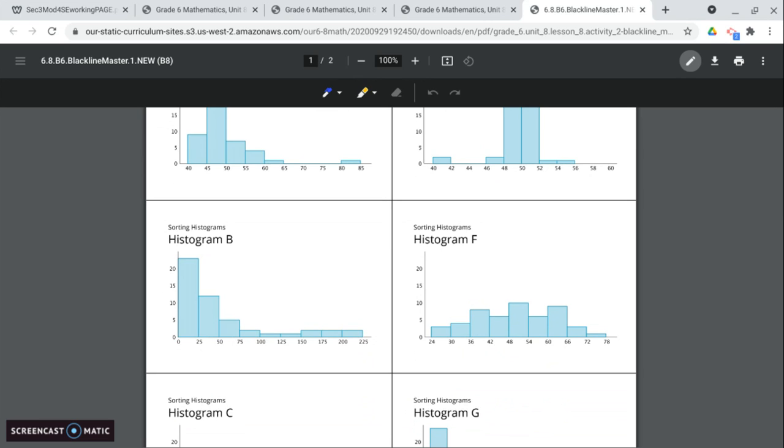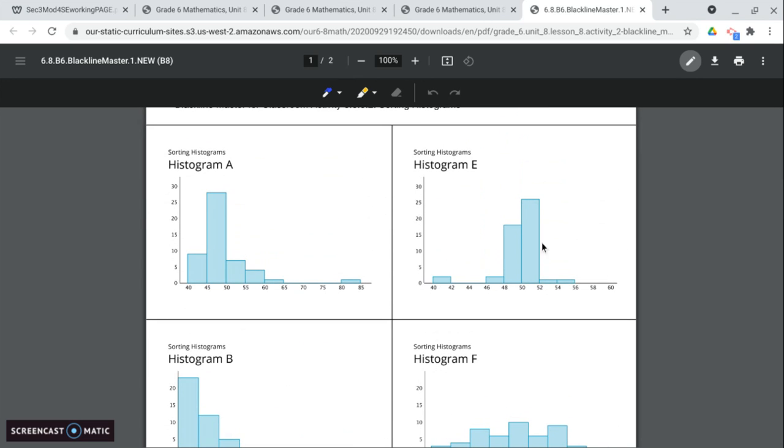So for this first part, we're looking at histograms that are approximately symmetrical. Looking at this first one, not really, so not symmetric. This next one, a little more symmetric, we could possibly say, but not really.